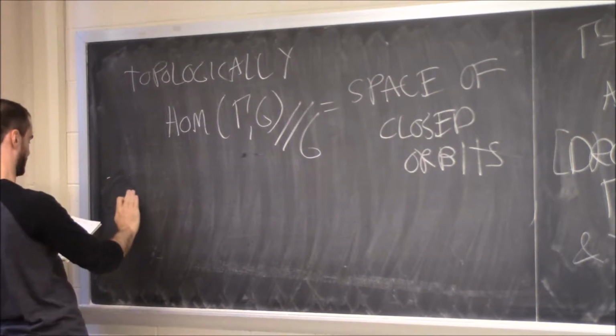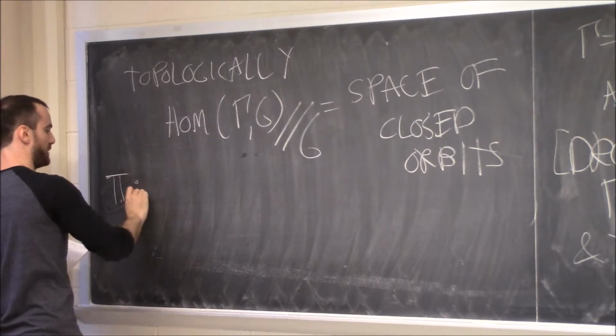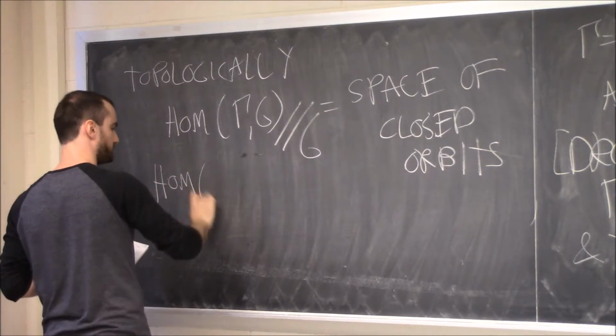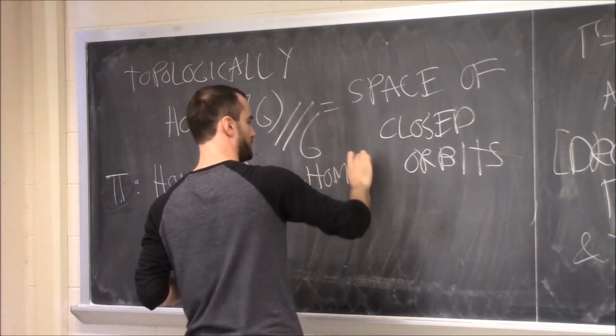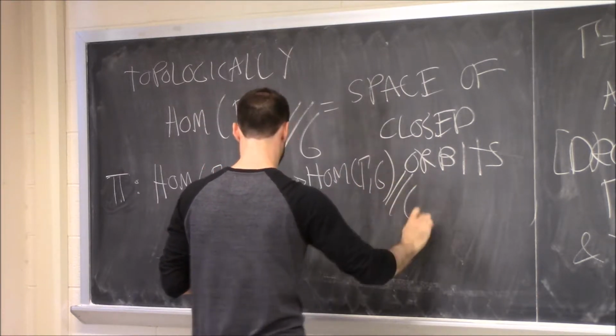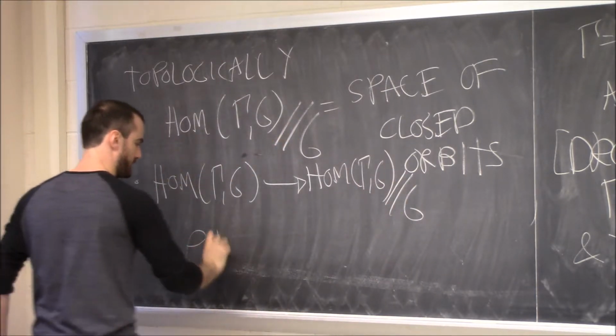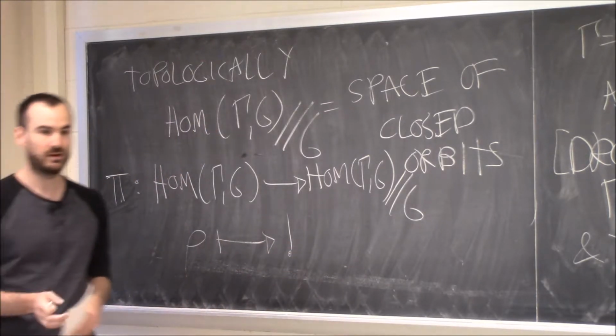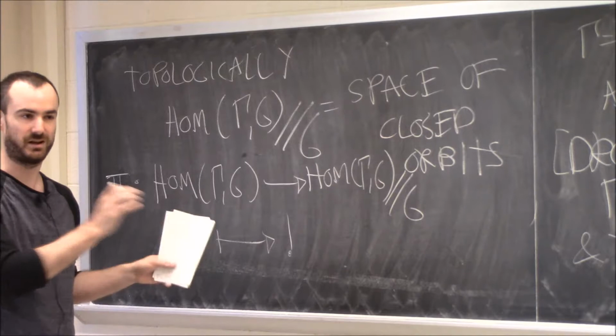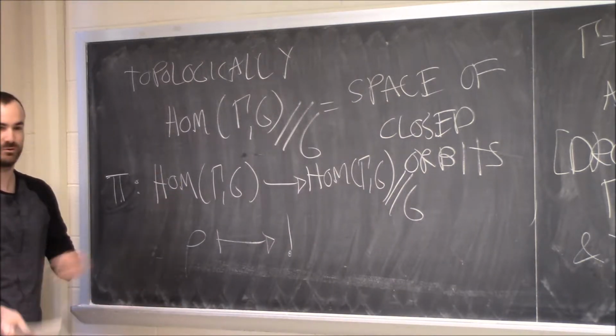So maybe I'll do it like this. I have this map which goes from Hom(Γ, G) to this space Hom(Γ, G) double bar G. And what I'm doing is I'm sending ρ to the unique closed orbit in its orbit closure. And this is the key place where you're using this reductive adjective that you're carrying around, because in general that orbit won't be unique.